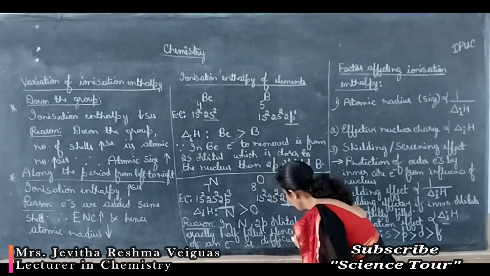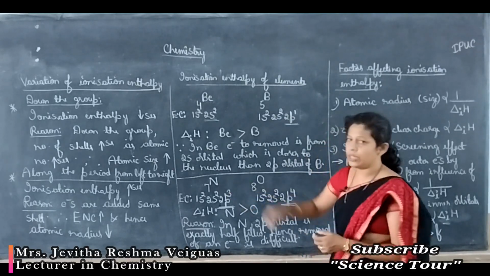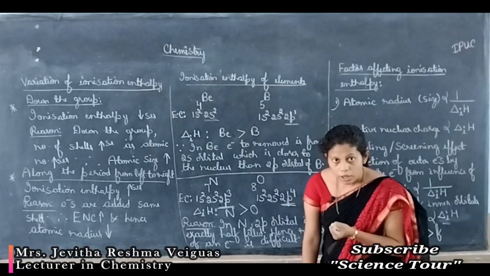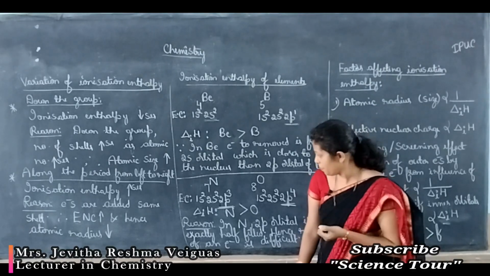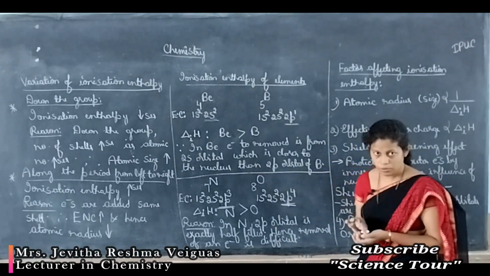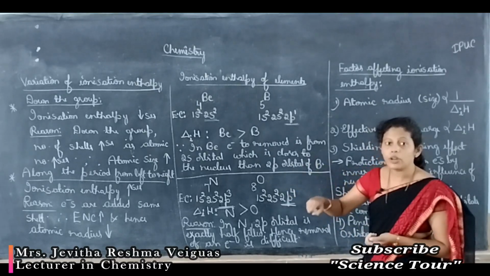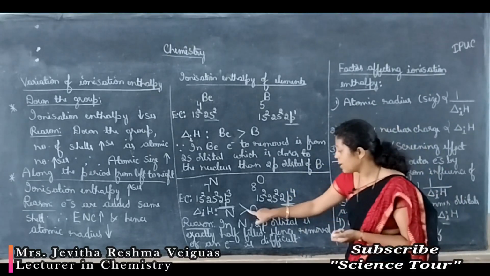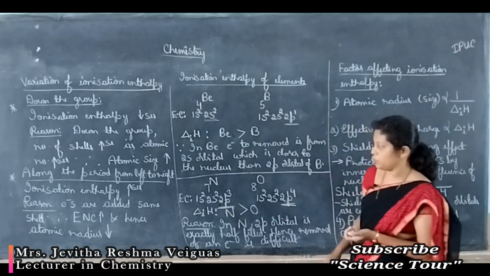Means that electron feels more attraction towards the nucleus. Whereas in oxygen, the fourth electron is repelled more. So removal of that electron becomes easy. Hence, oxygen has a lower ionization enthalpy than nitrogen.